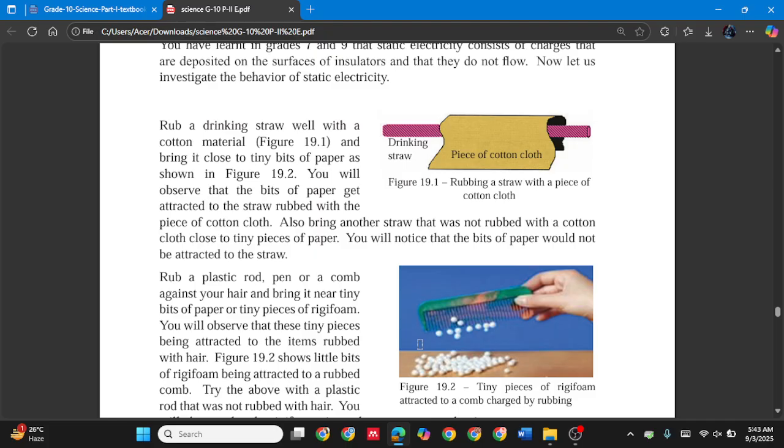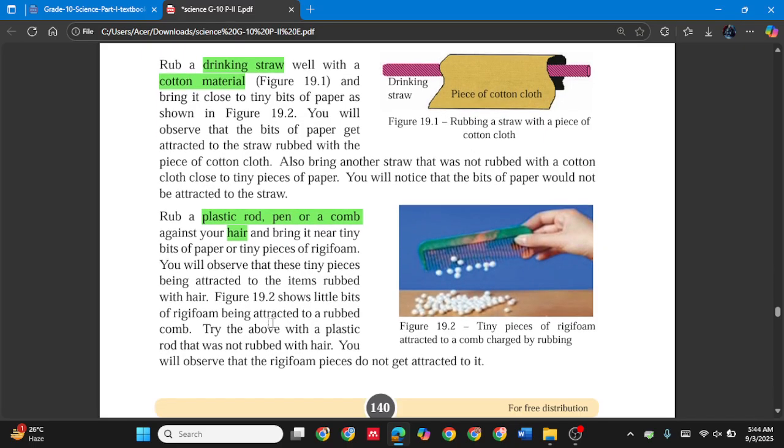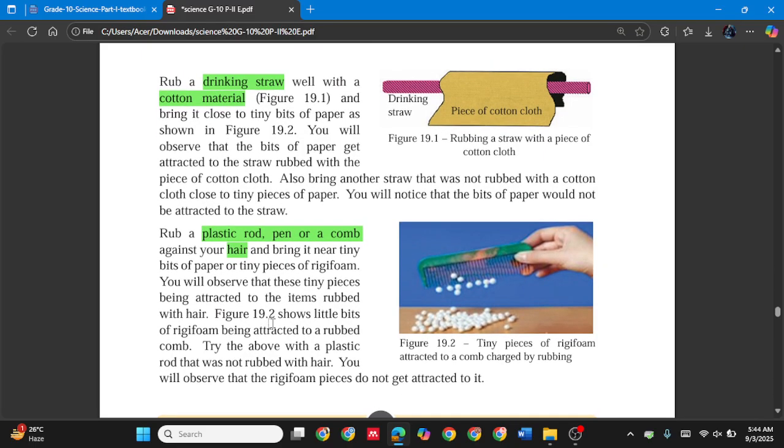Rub a plastic rod, pen or a comb against your hair and bring it near tiny bits of paper or tiny pieces of thermocol.